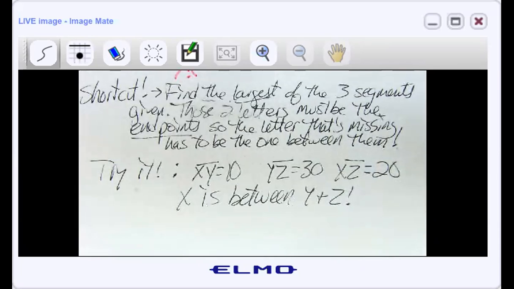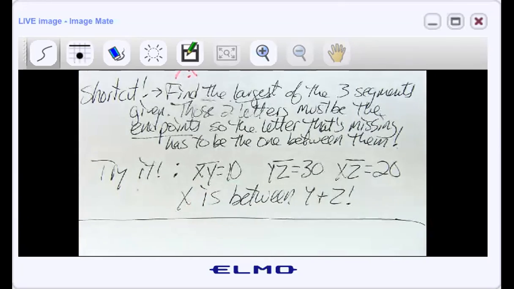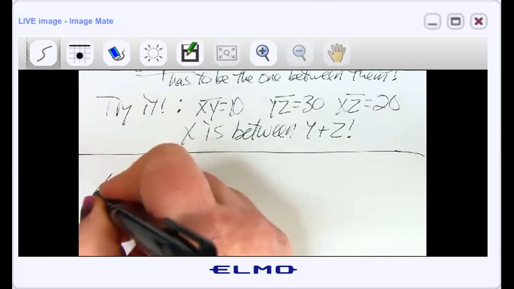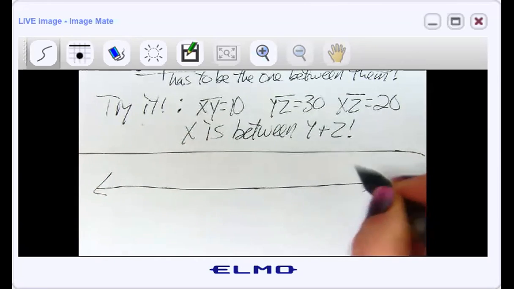Okay, good. So the next thing I want to talk about really quickly is, if I give you some measurements of segments, can you find other segments? Let's try it. I'm going to draw you a number line here. Well, not really a number line, I'm just going to draw you a line and put some letters on it.